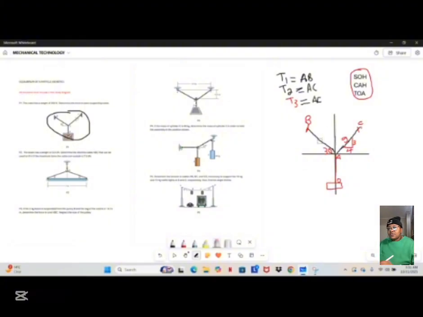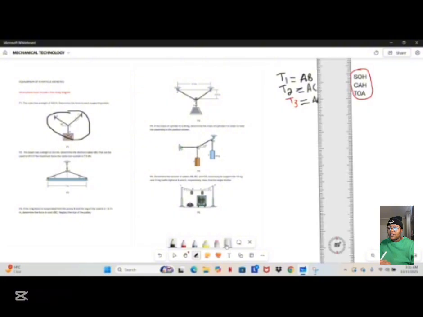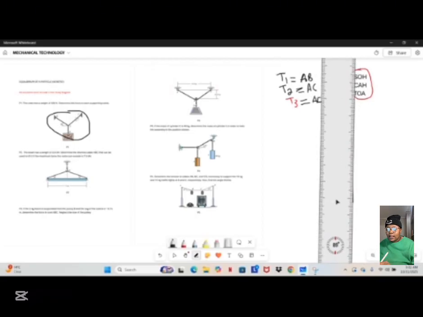Let's remove this so that we can draw our free body diagram. Let's just remove everything, but not those, so that we can refer to them. We're going to need our ruler as usual.